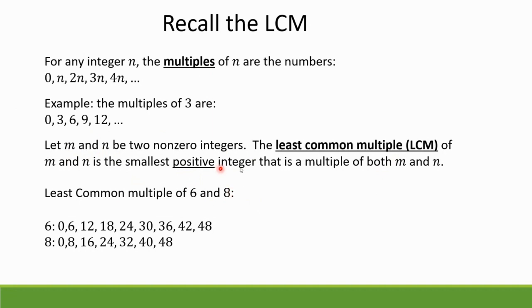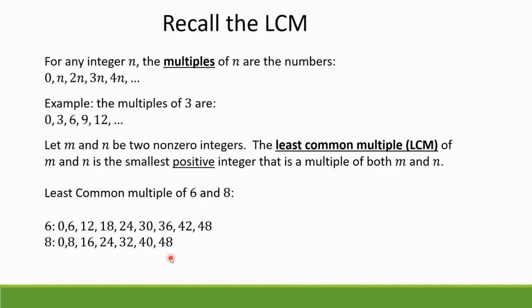It has to be positive, otherwise least would not make sense because there's no smallest negative number. But as an example, this is actually the same one we did in class when we first saw this, 6 and 8. I don't have to include 0 here because 0 can't be the least common multiple, but I did put 0 in both lists. For now, we can just list the multiples of both integers, 6 and 8.